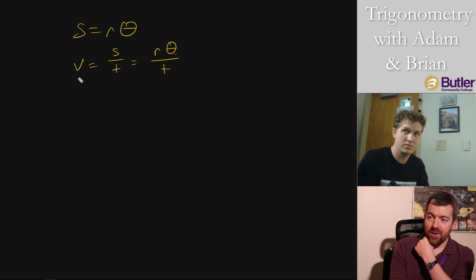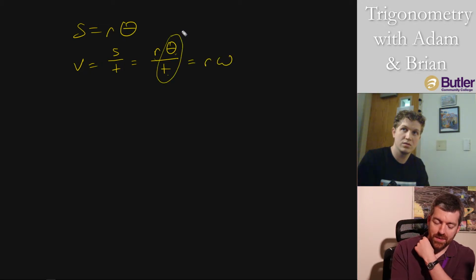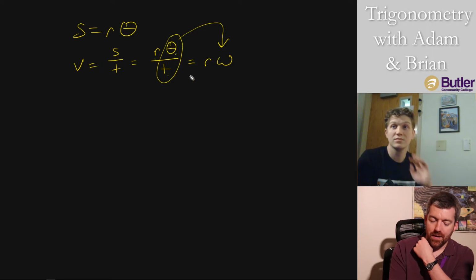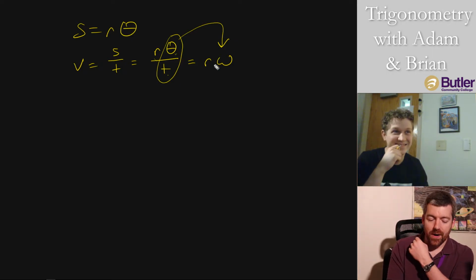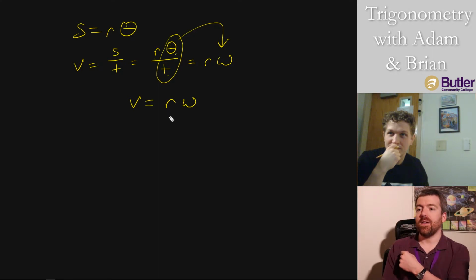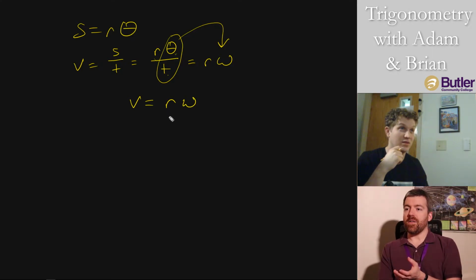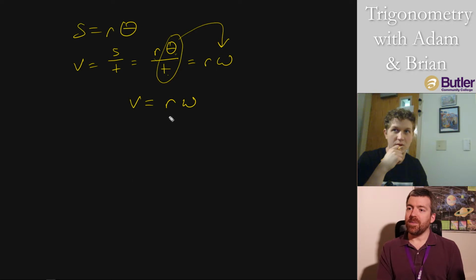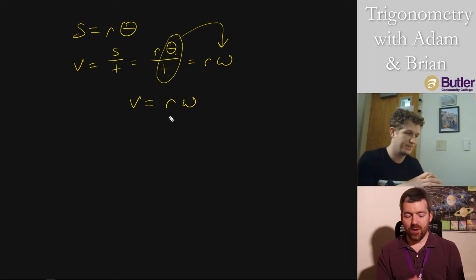So we can write the linear speed in terms of the angular speed: r times omega. This part becomes the omega, and then we just have the factor of r. So the linear speed relates to the angular speed through r, the radius of the circle. You take your angular speed, multiply by the radius of the circle, and you get your linear speed. Well, that's pretty easy.